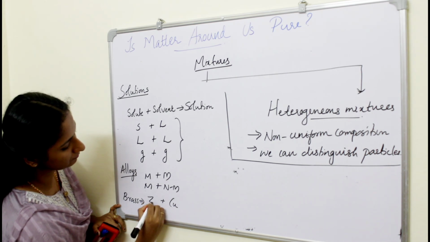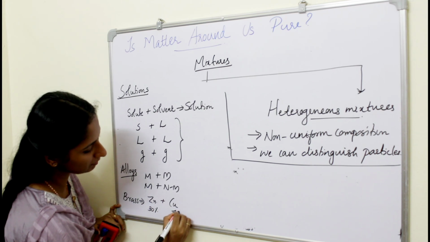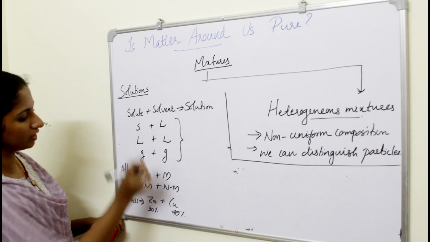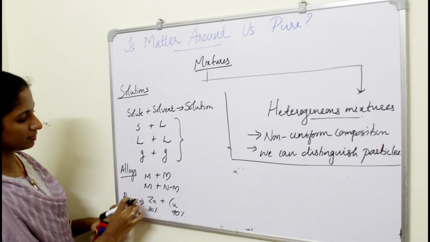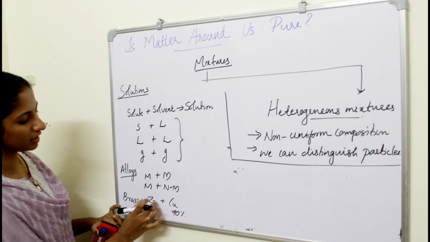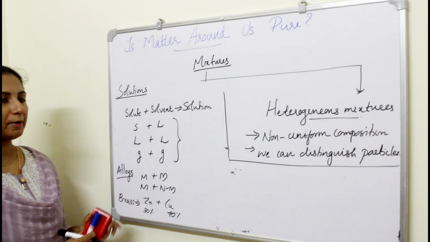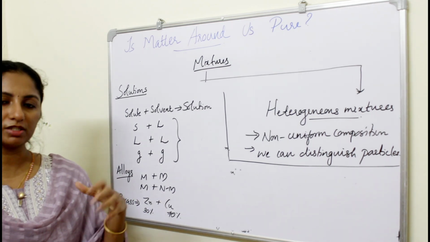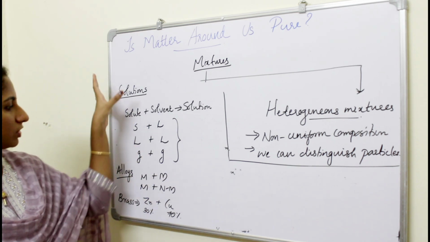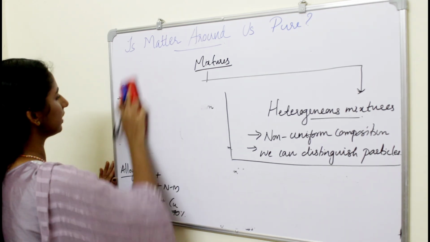Zinc is added at 30% and copper is 70%, and then we get brass. The component with the lower percentage is the solute, so zinc is the solute in brass, and copper is the solvent, the larger amount. Alloys can be prepared by melting two metals together, or by combining a metal and a non-metal. So these are all about homogeneous mixtures. Now we can get into heterogeneous mixtures.